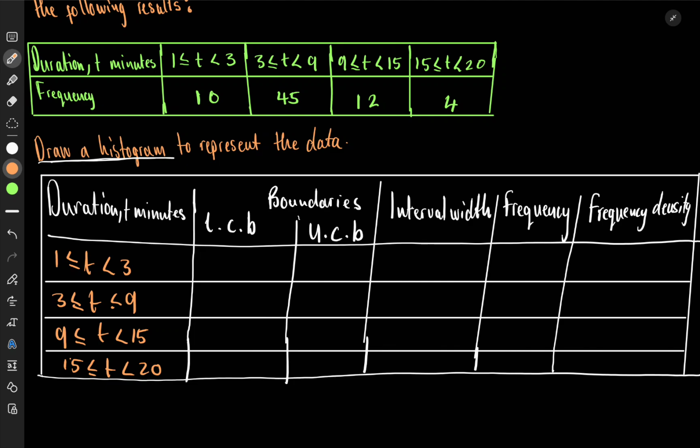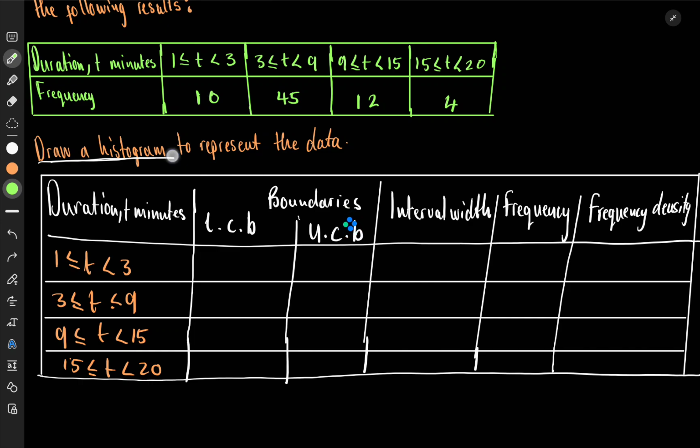Very important: when you get your data written using inequalities for the interval, then I'm not going to struggle to find the boundaries. Why do I not struggle? It's because when I get it in this format, all the time, you're actually getting the boundaries themselves.